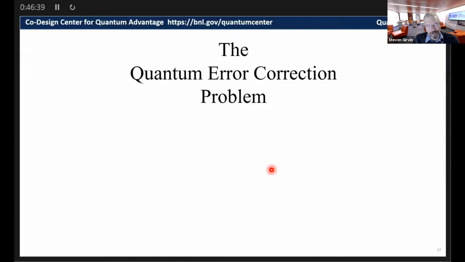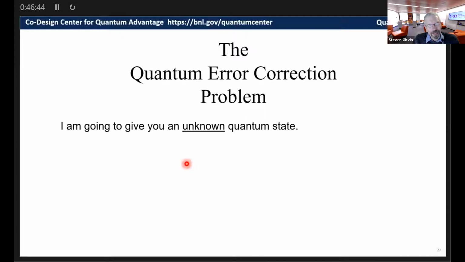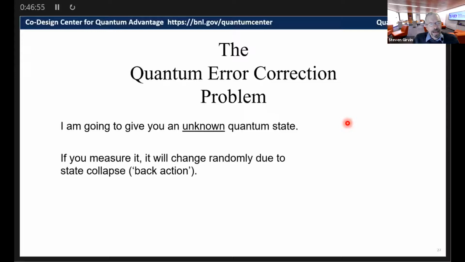This is a topic on which many of us at Yale are working very hard right now. I'm going to give you an unknown quantum state, a superposition of 0 and 1. And I'm not going to tell you what the superposition coefficients are. If you measure it to look for an error, you're going to randomly change it and collapse the state due to this back action.